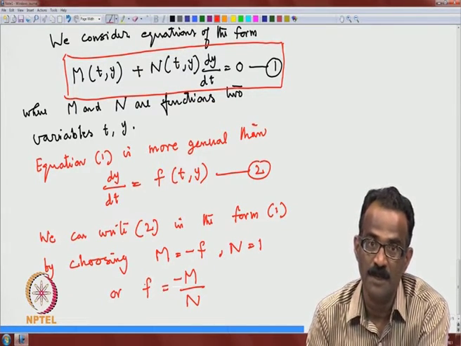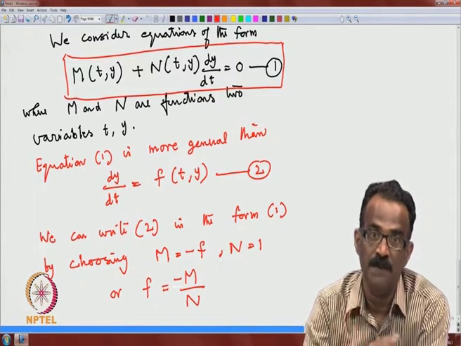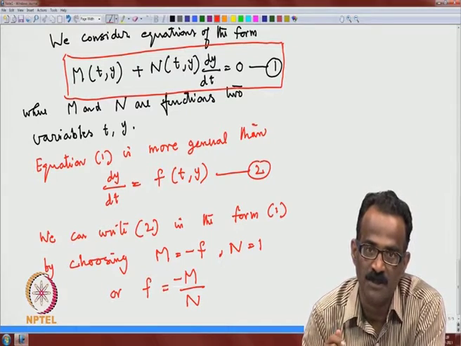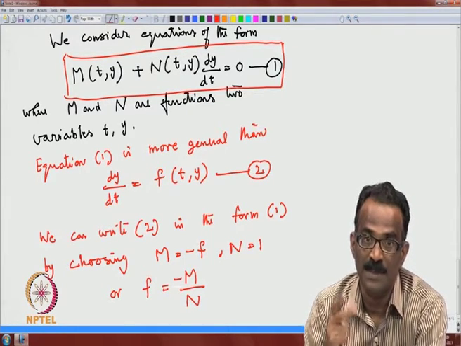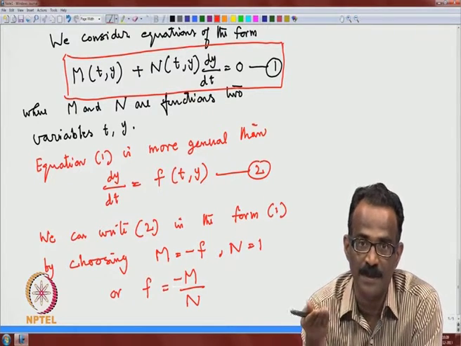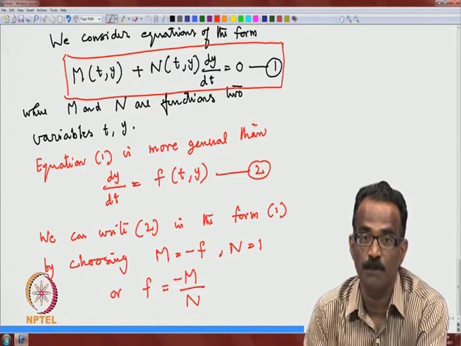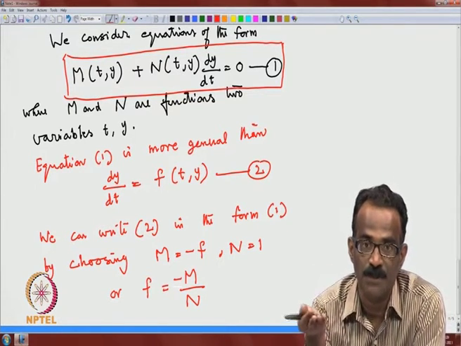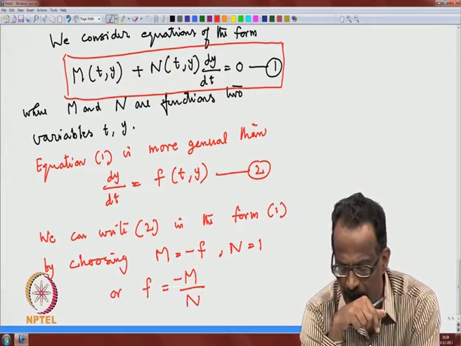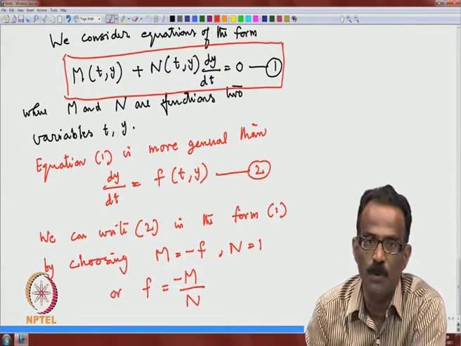So, you can write f in the form M by N in different ways with different factors. For certain representations the equations may not be exact, but if you choose an appropriate multiplying factor, it is possible that you get the exactness of the differential equation. This is exactly what we will be doing.